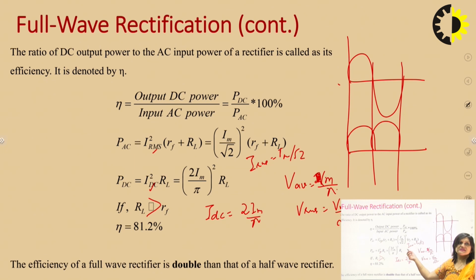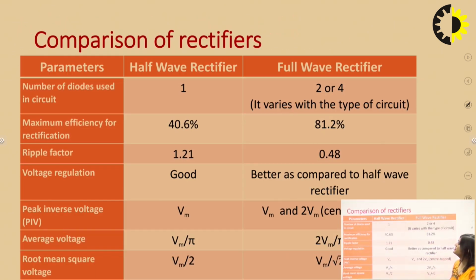Simply we have to change these figures. In the case of the half wave rectifier, IDC was Im upon pi and IRMS was Im upon 2. Here in the full wave rectifier, these values have changed, so the efficiency has become 81.2. So these are the differences between the half wave rectifier and full wave rectifier.